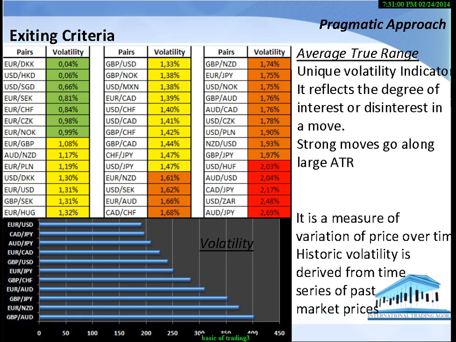It takes into account basically 2 parameters. One is the average true range, and the other one is the related volatility. So how much a pair is expected to move in our favor or even against, but in this case we are talking about exiting in profit, so in our favor.